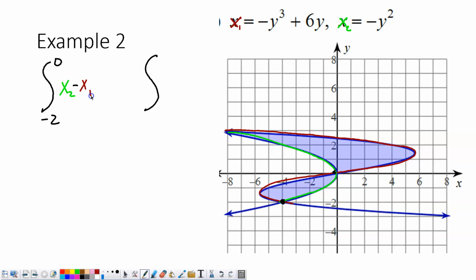Okay, now the next little area that we need to integrate is going from what to what? 0 to 3, right? From here to here. We're going from bottom to top. And for that region, which one comes first? x1, because in this case, the red line, the x1 function, is to the right of the green function.